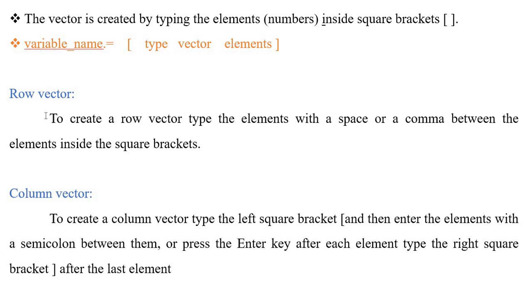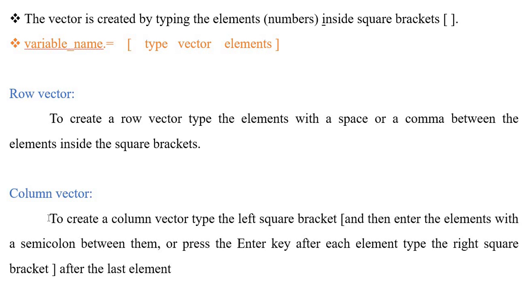So I have two types of vector: one is a row vector, another one is a column vector. To create a row vector, type the elements with a space or comma between the elements inside the square bracket. So inside the square bracket, when we type more than one element, we should put a space or comma.